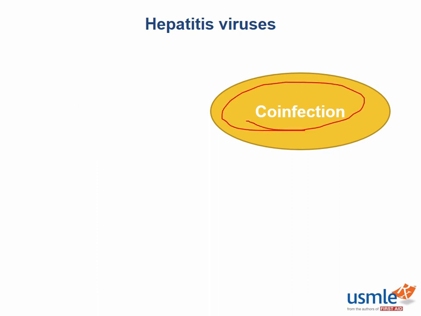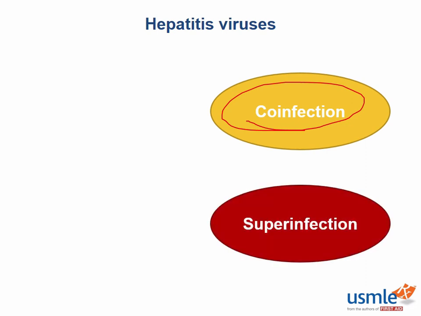However, if a patient is already infected with hepatitis B, they're in the hospital with hepatitis B viral infection, and then they contract hepatitis D, we call this a super infection. So this is a patient who already has hepatitis B and then gets hepatitis D in a separate instance, versus co-infection, where both viruses, D and B, are transmitted at the same time.